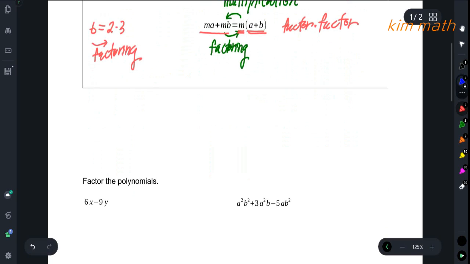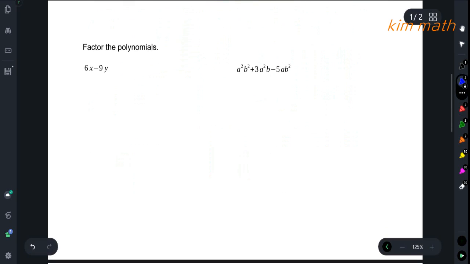Okay, we will try to solve some examples. Factor the polynomial. Please note that we have 2 terms here, right? So to do the factoring, please try to find the greatest common factor. In this case, first think of the numbers.